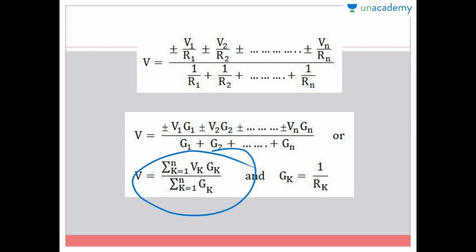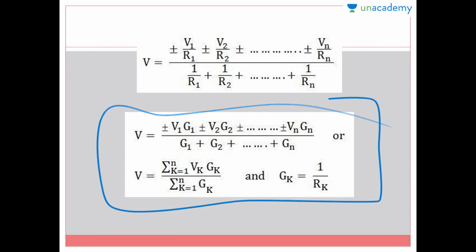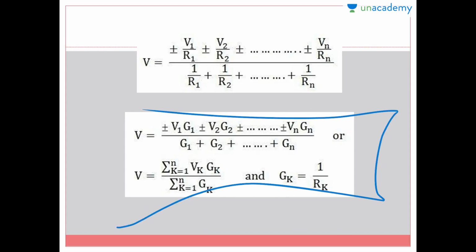Or you can directly write it in a shortcut way: summation from k equals 1 to n of Vk Gk, divided by summation from 1 to n of Gk, where Gk is 1 upon Rk. So this is our final equation we'll use in Millman's theorem.